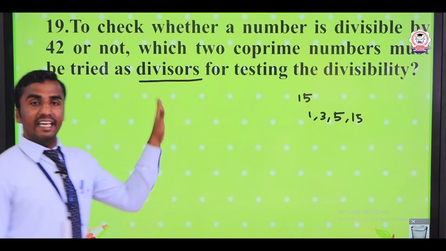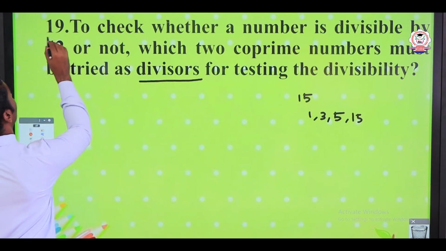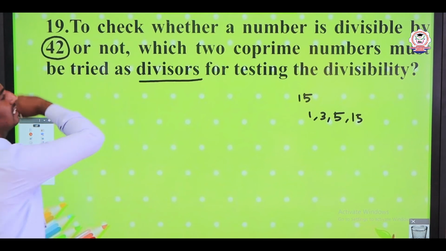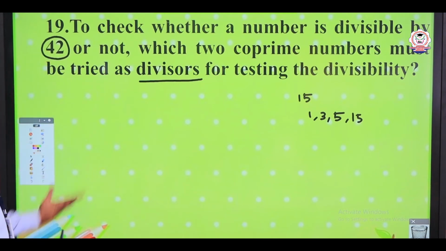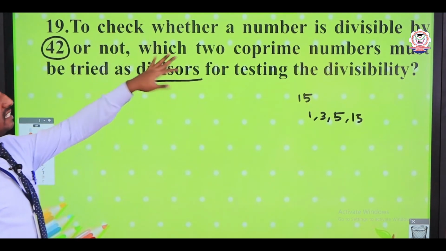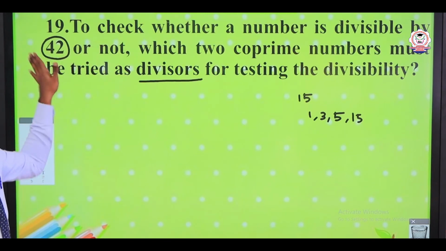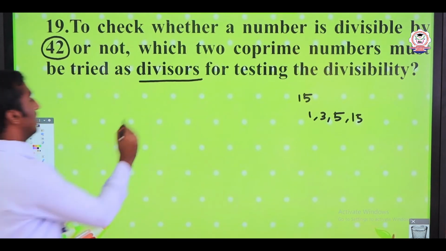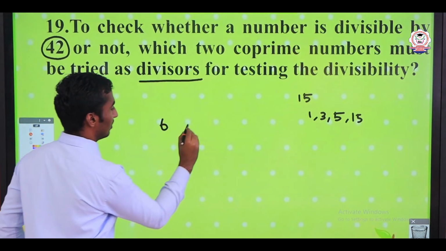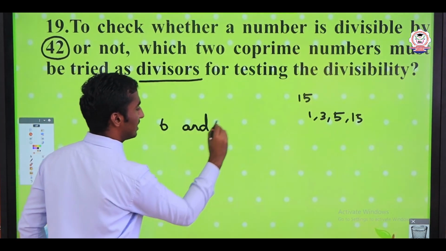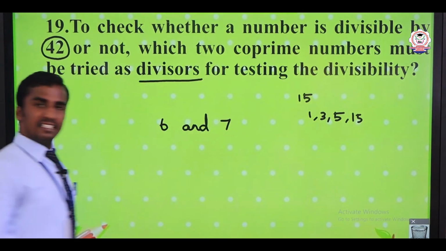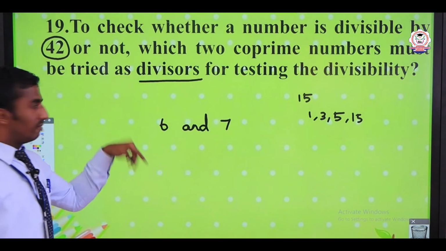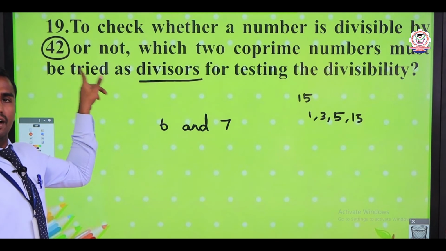Here the given number is 42. To check whether a number is divisible by 42, it must be divisible by 6 and 7. Both conditions must be satisfied, then the given number is exactly divisible by 42.